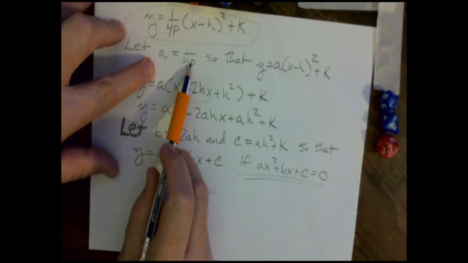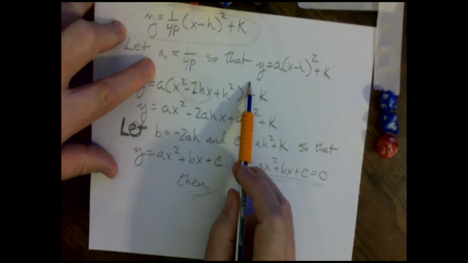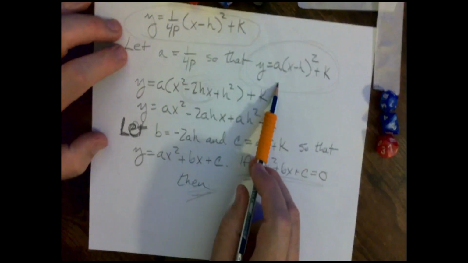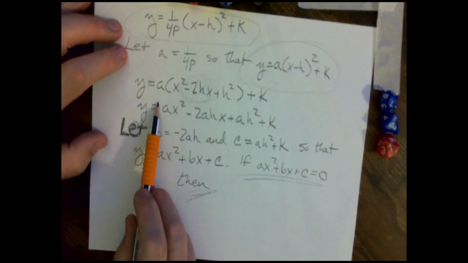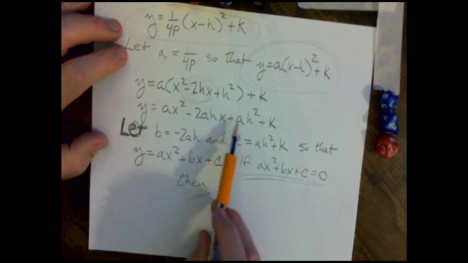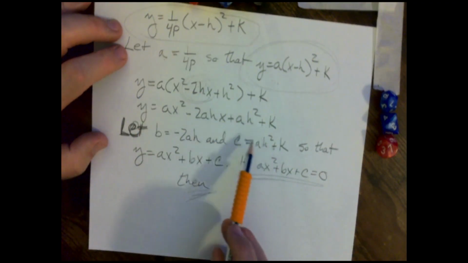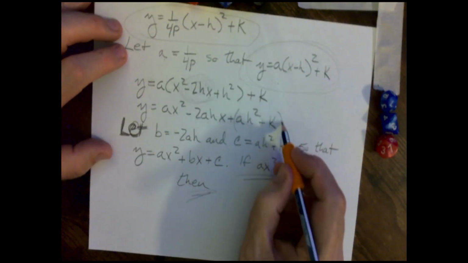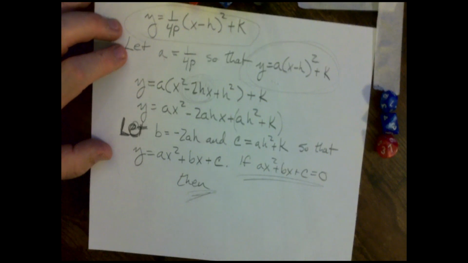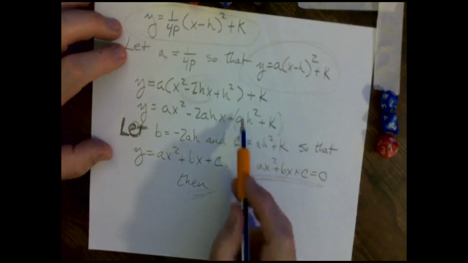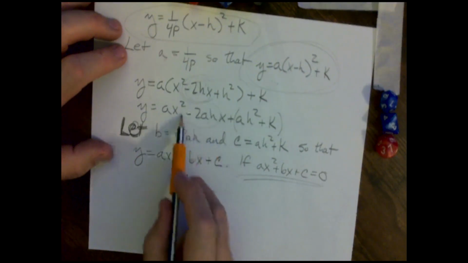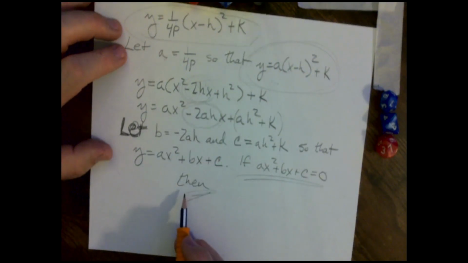We just said let a be this. We could rewrite it, and then we just multiplied the a through. This right here is a. We don't have any x terms, so we made that c. So let c be this, and let b be this coefficient right here.